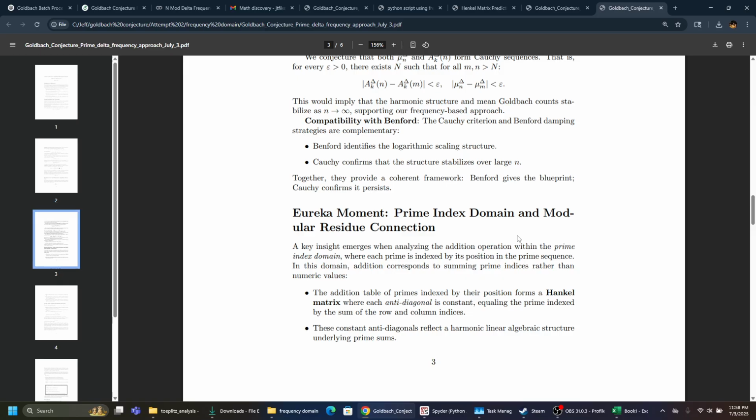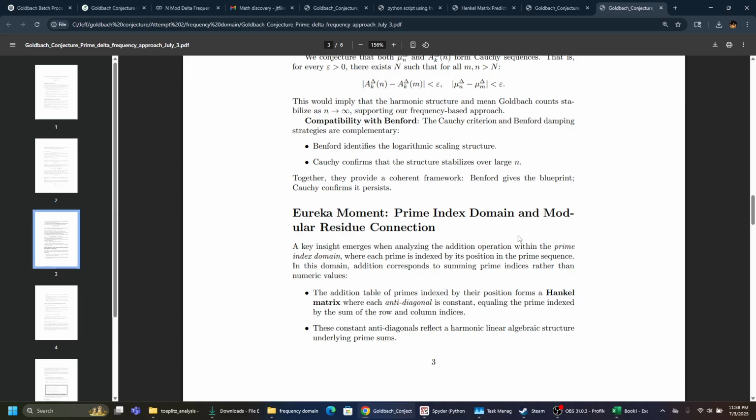If you study Goldbach's conjecture, a lot of people have attempted to prove it, and the lower bound is what always gets them. The upper bound, I think people have been able to prove. The lower bound always goes negative because of the unknown predictability of primes; nobody can say for certain that the lower bound holds. But by finding this frequency in the Goldbach numbers system, I don't care what the prime numbers are.